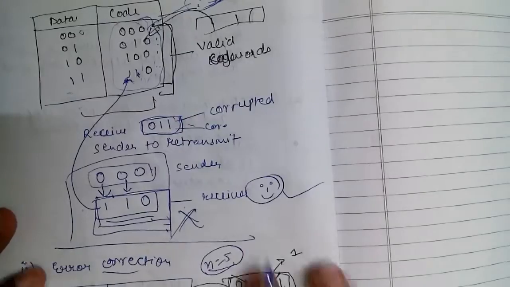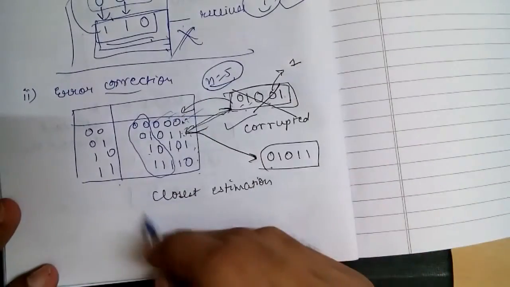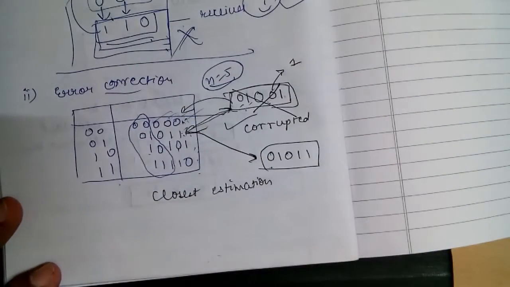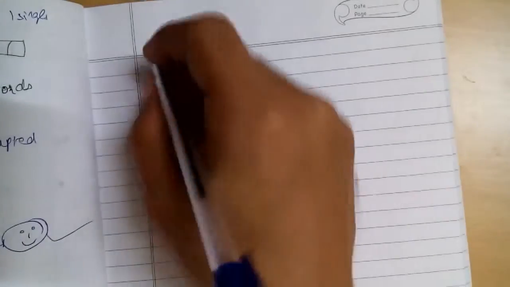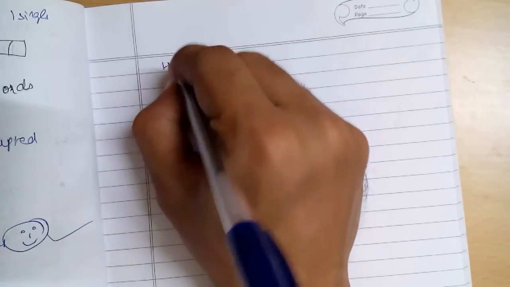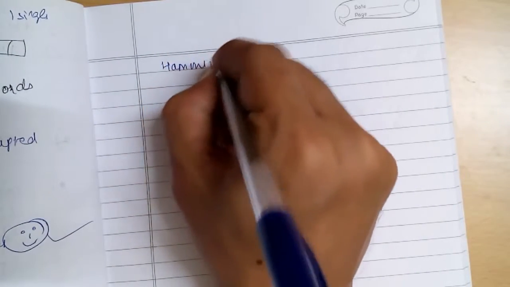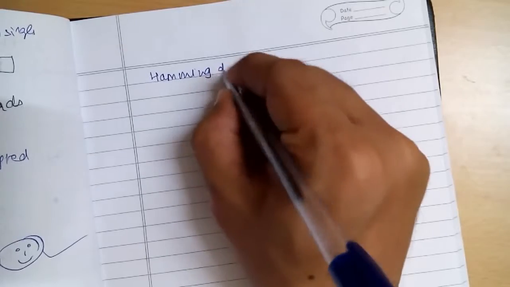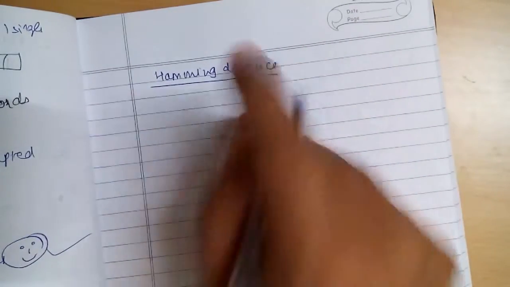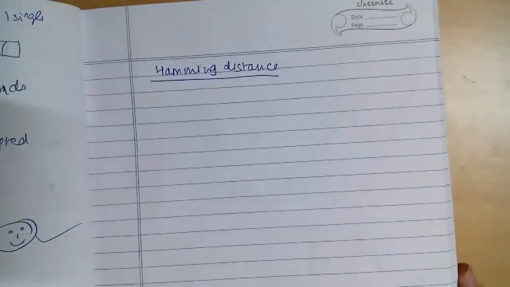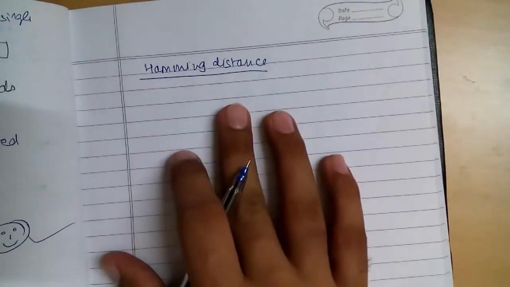Well, in general I can say the more the merrier, but there is a rule for that. To know that, we have to get to know a term known as Hamming distance. So let's start with Hamming distance.